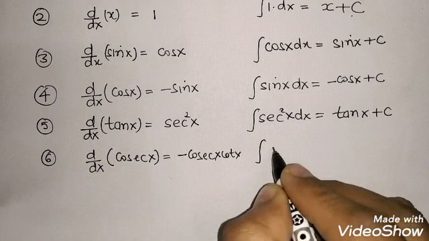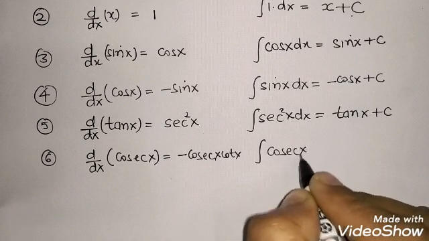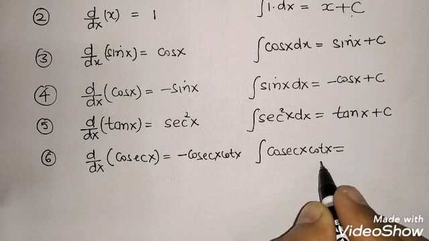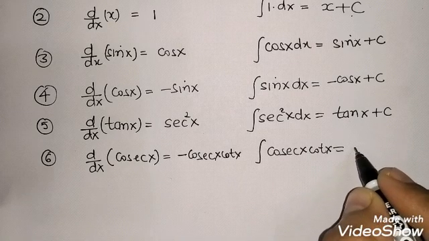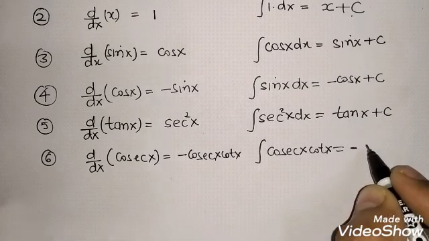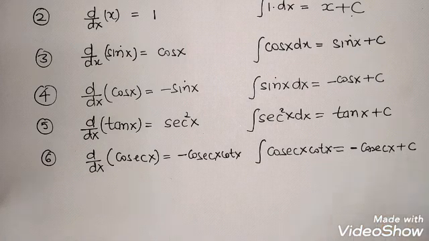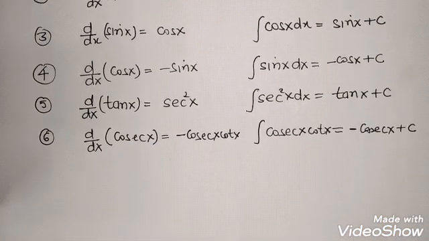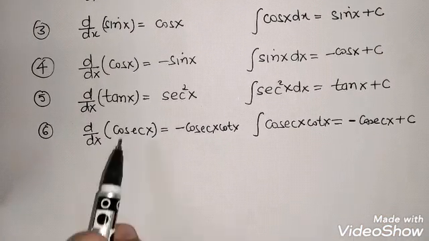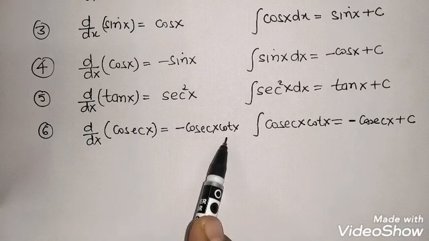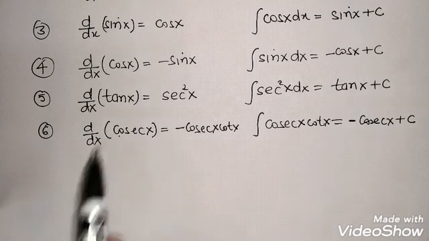So integration of cosecant x cot x is equal to minus cosecant x plus c. It's also a very easy formula.